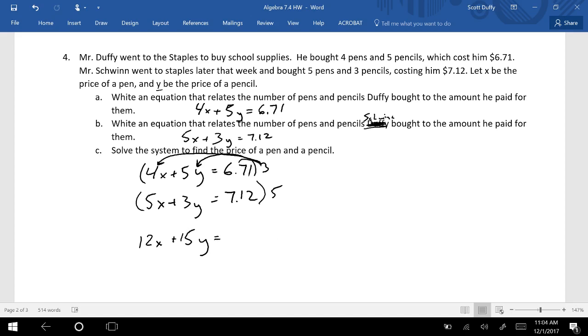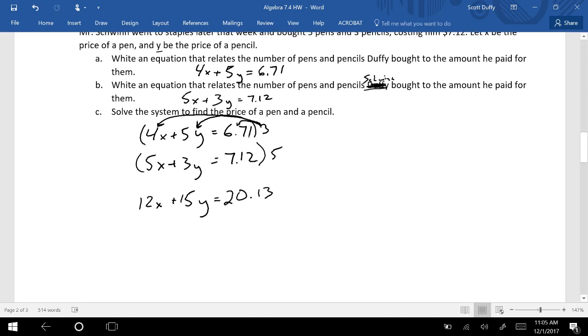3 times 671, let me see what that equals. And that is $20.13. Now the bottom one, I'm actually going to multiply by -5, and you're going to see why.